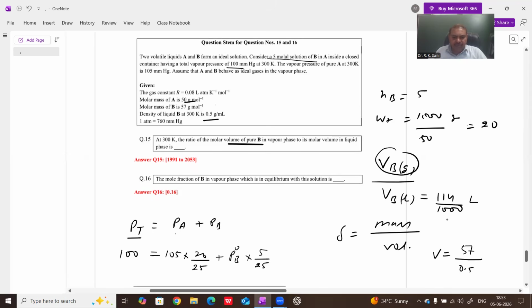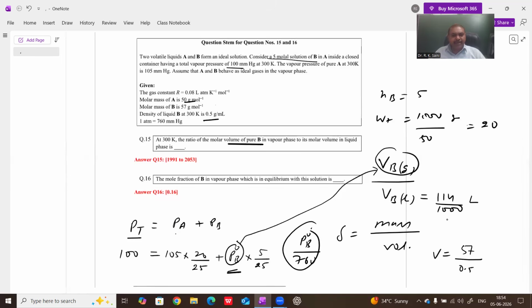On solving this, we find the final vapor pressure of B, and hence check the answer. This vapor pressure, taken in mmHg, is divided by 760 to convert it to atm, because the volume of the solution is taken in liters.